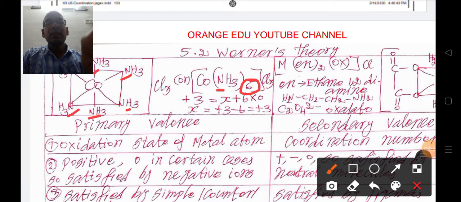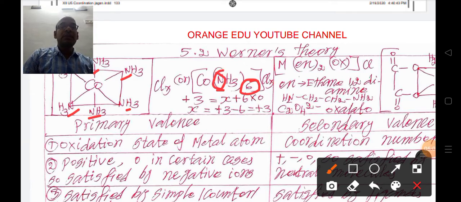Therefore 6NH3, so the coordination number is 6, that is 6 donor atoms, 6 nitrogen atoms, coordination number is 6. Otherwise, it has 6 coordinate covalent bonds.